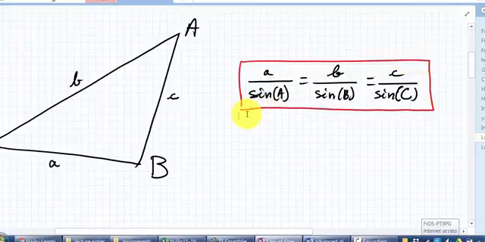Okay, we will see that we also have the law of cosines, and these two laws are what happens to trigonometry when you don't deal with a right triangle.